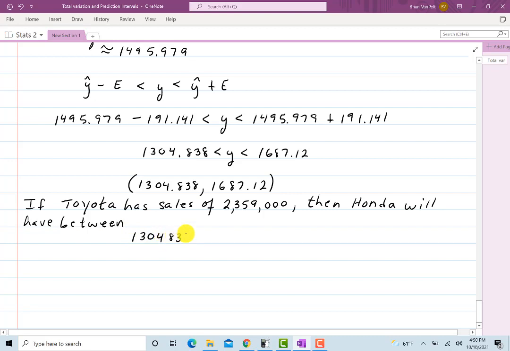Remember, these are in thousands. And 1687120. So then Honda will have between 1,304,838 and 1,687,120 sales. And we are 99% confident in that interval.